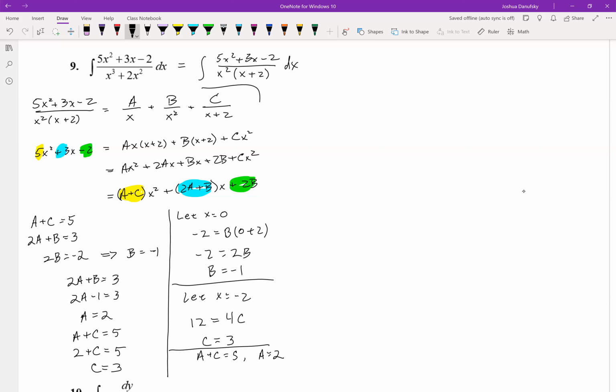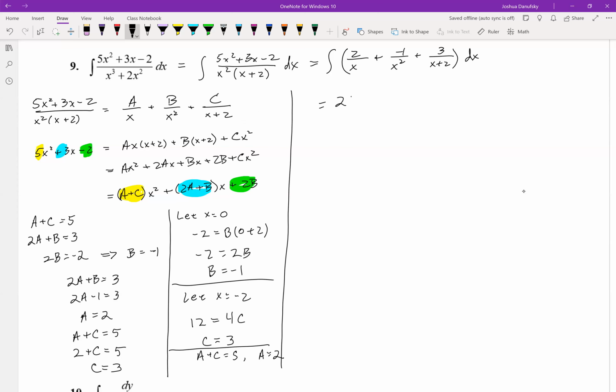So now we're going to take our a, b, and c, plug them into here, and rewrite our integral. So we have the integral of 2 over x plus our b is -1 over x squared plus our c is 3 over x plus 2. And now we're ready to integrate.